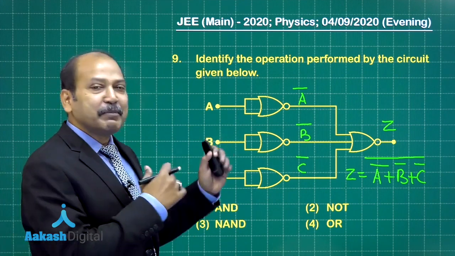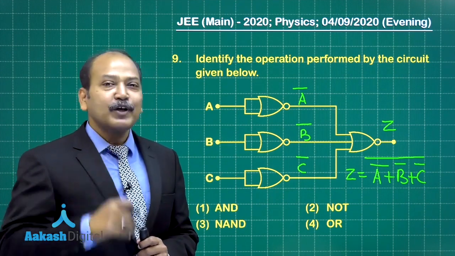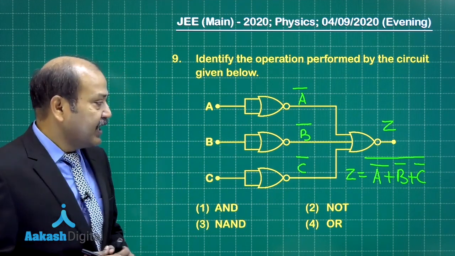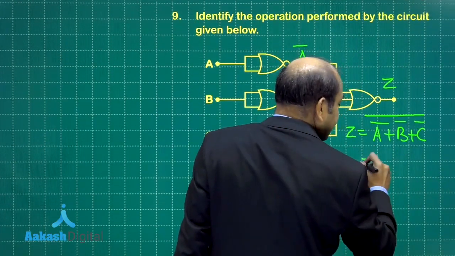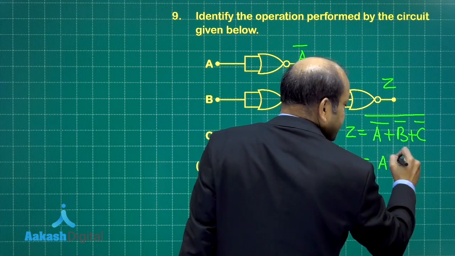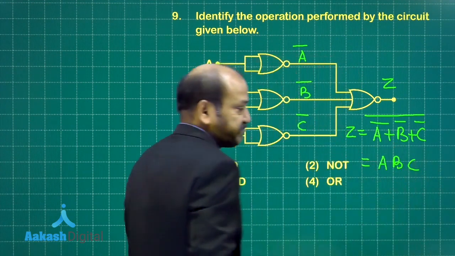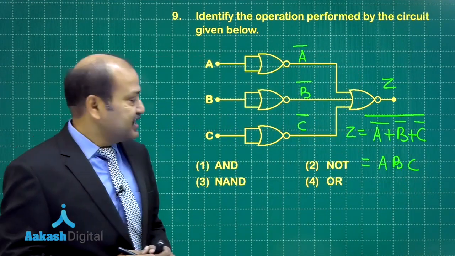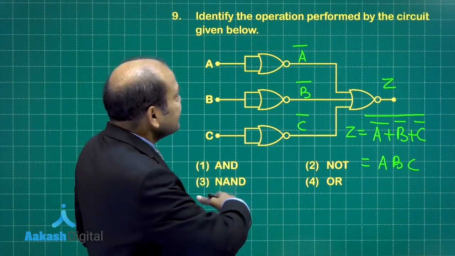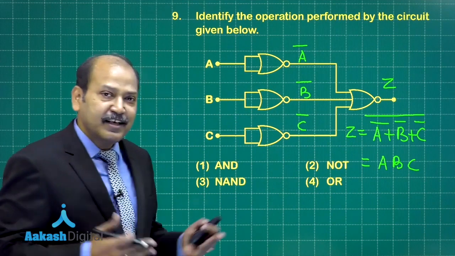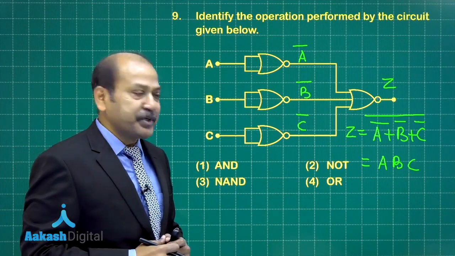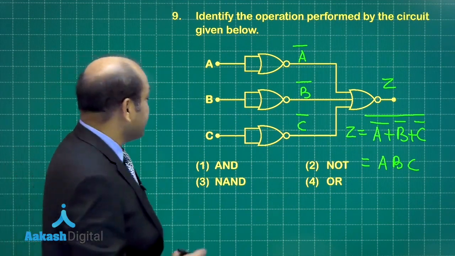Now we can apply the De Morgan's law of Boolean algebra, and if we apply that, this Z is then coming out as equal to A into B into C. That clearly shows that this operation performed by the circuit is an AND operation, which means option 1 is correct for this particular question.